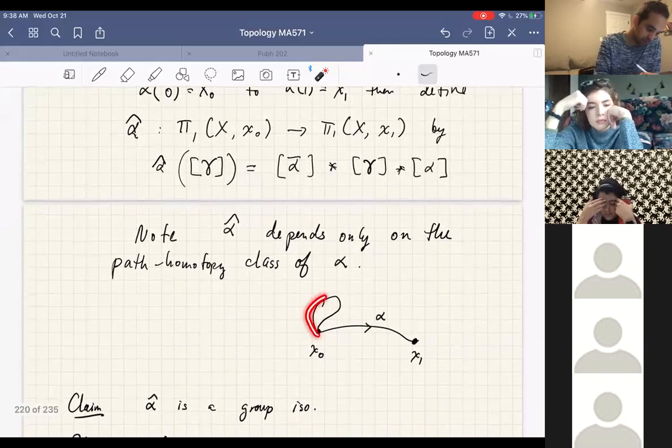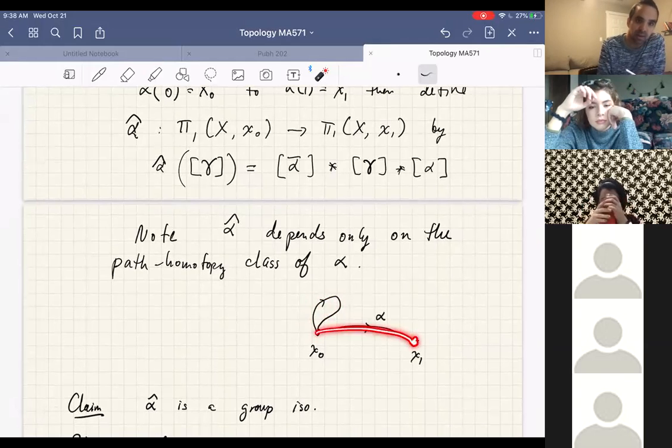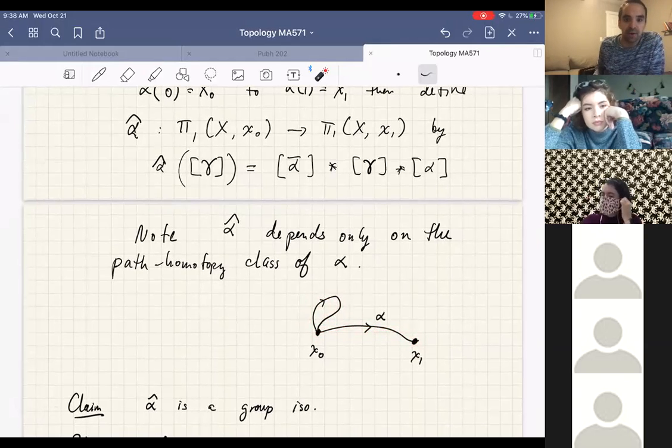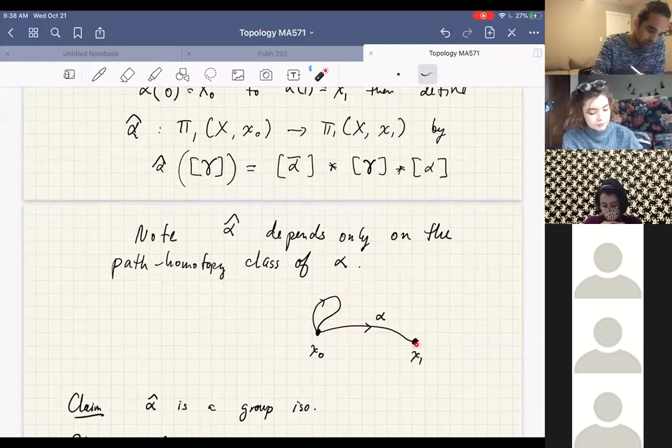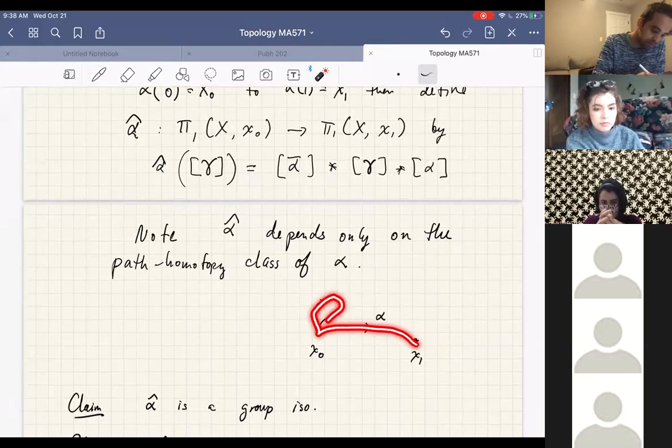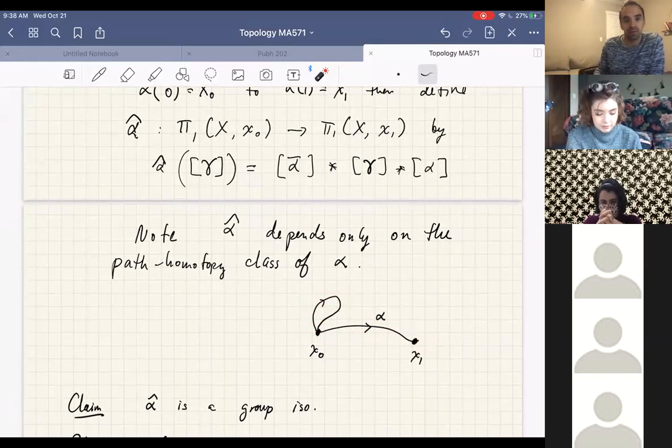So what's the picture? You have a loop here like that, and you have a path alpha. Conjugating by alpha, you obtain a new loop, but now it's based at x1. You do alpha inverse, then you do the loop gamma, and then you do alpha, and you get a loop based at x1.